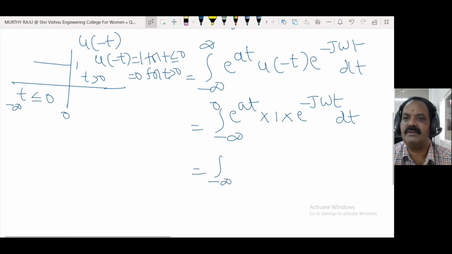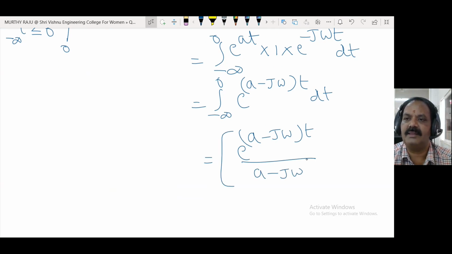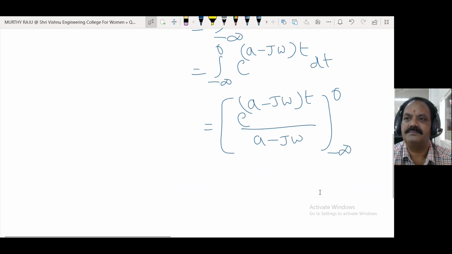That is the integral from minus infinity to 0 of e power a minus j omega into t dt. The integral of this is e power a minus j omega into t by a minus j omega, with limits minus infinity to 0.